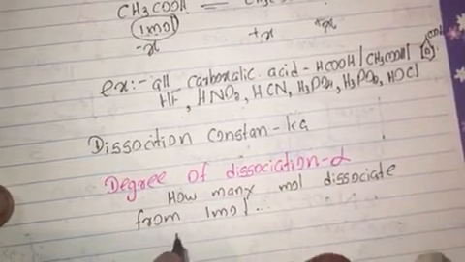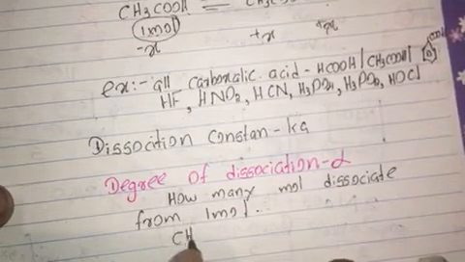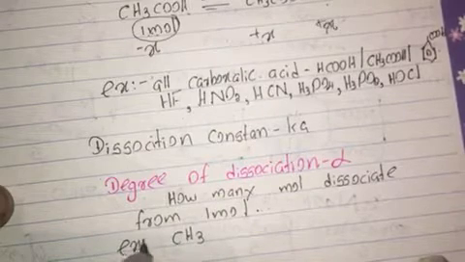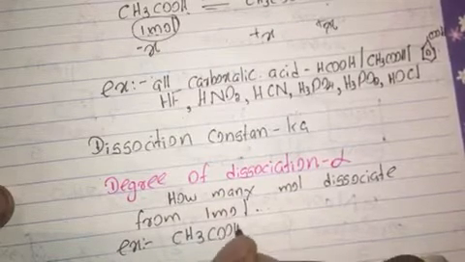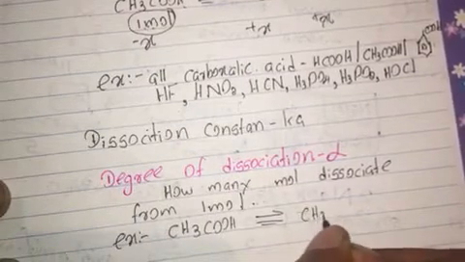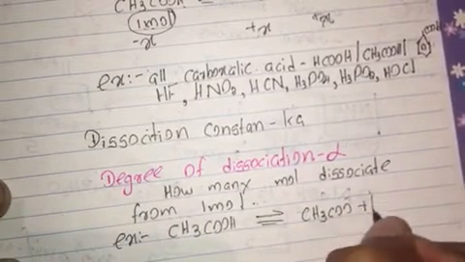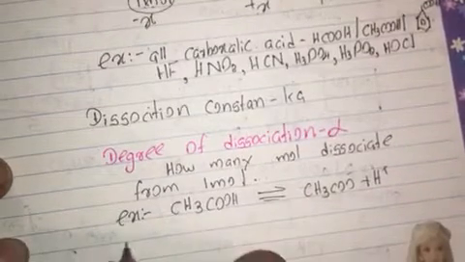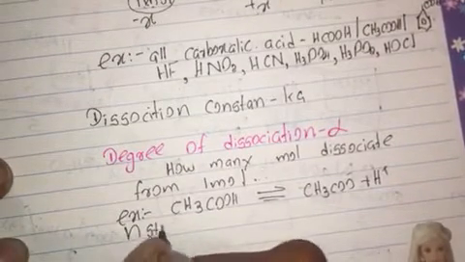Think of acetic acid, for example. Acetic acid dissociates into acetate and H plus. We use 1 mole.